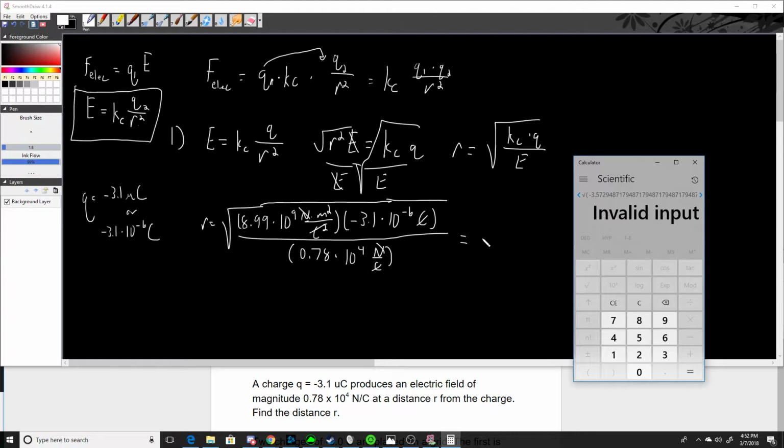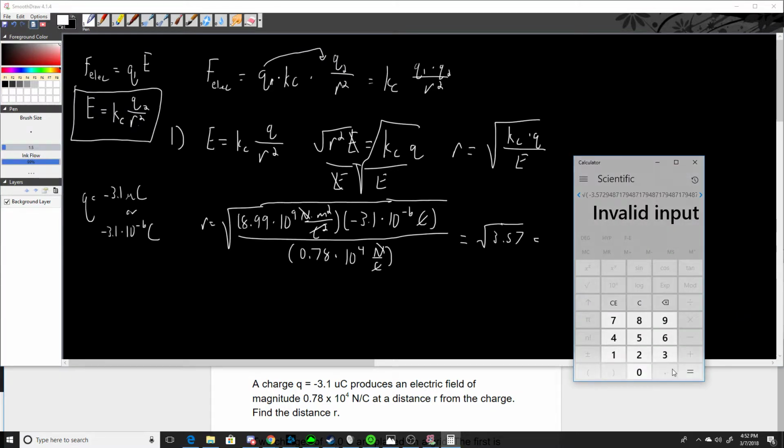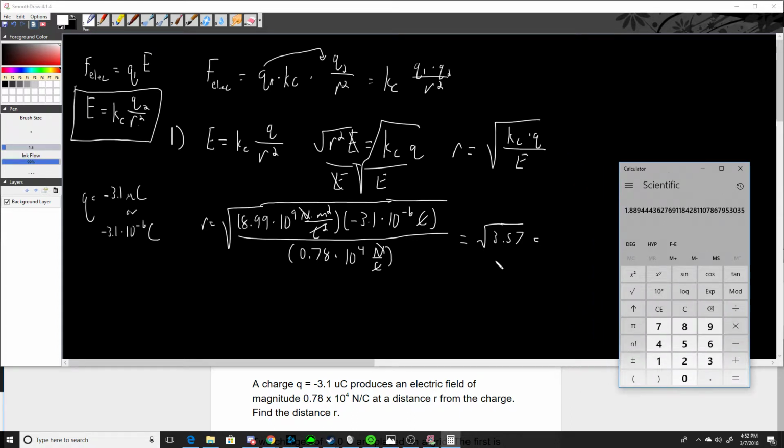So really, we're just getting, let's even do the square root of 3.57. Okay. Square root 3.57. Now let's do square root equals 1.89. Sounds about right.